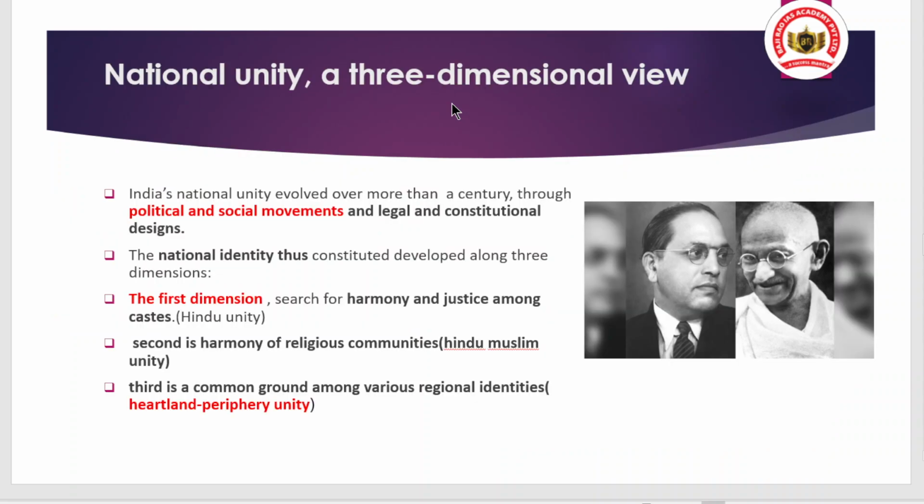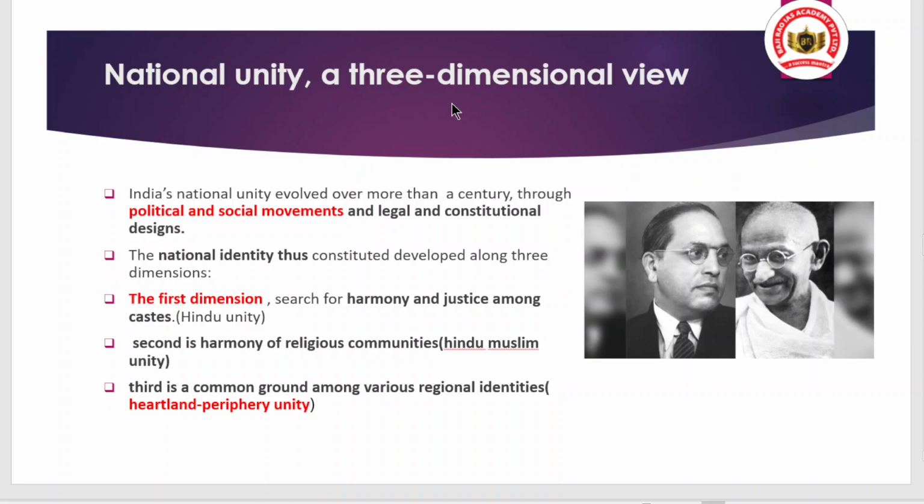Okay, so first of all, when we talk about national unity, it is a three-dimensional view. Three-dimensional meaning that in India, first of all, we seek harmonious relations within the Hindu community, that is, harmonious relations between different castes.